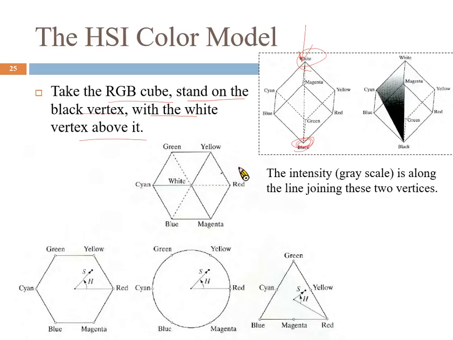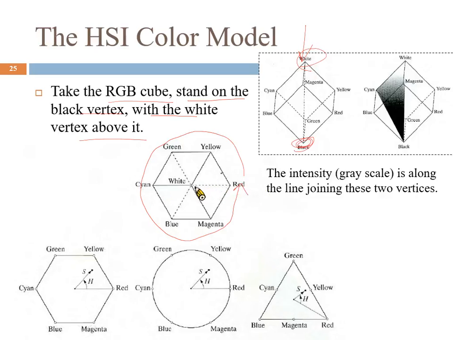In the counterclockwise rotation direction, we can see red, yellow, green, cyan, blue, magenta, and then return to red. And this is actually the hue value.